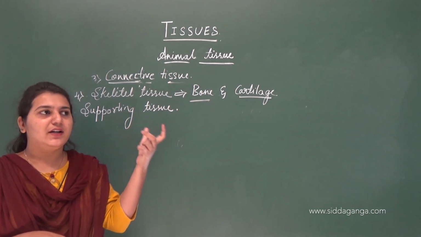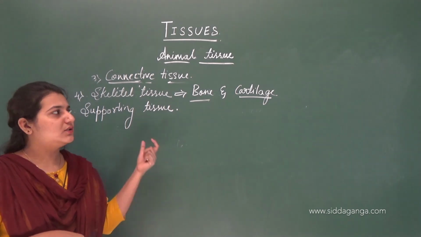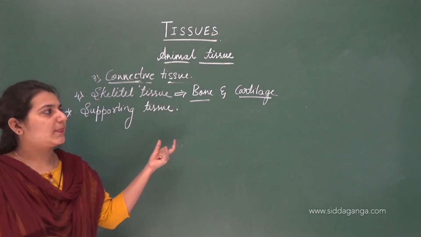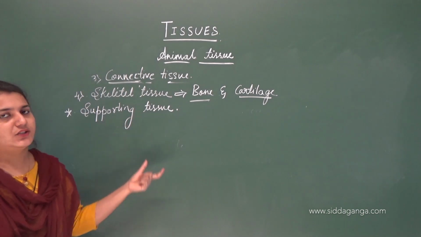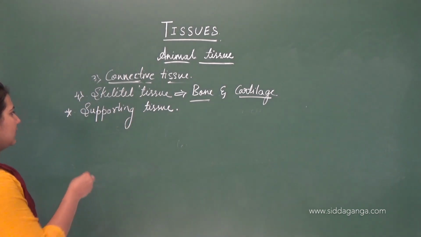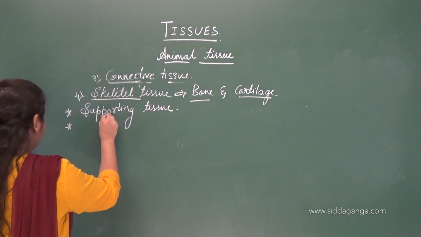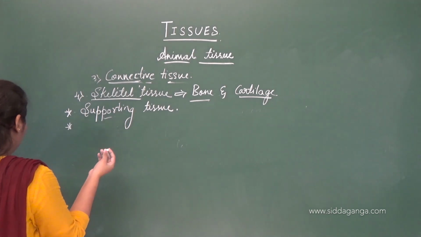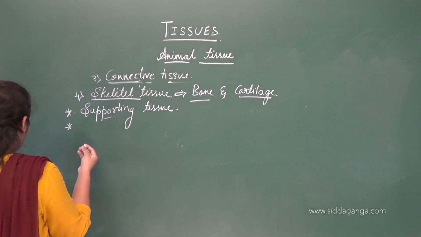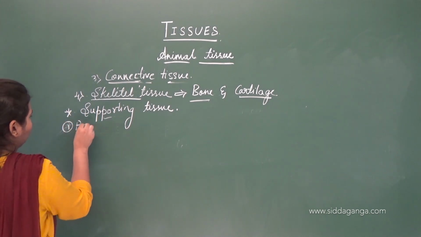There is a defined posture of all our body organs due to the presence of bones. So this forms a supporting tissue. It prevents the bending of these organs. Clear? The major function of this skeletal tissue is supporting tissue.